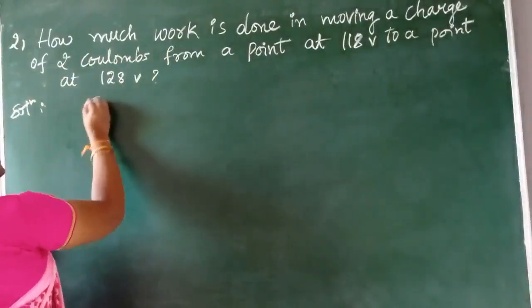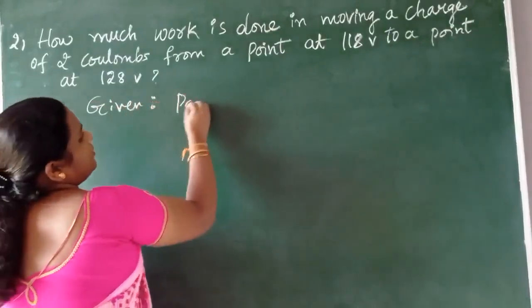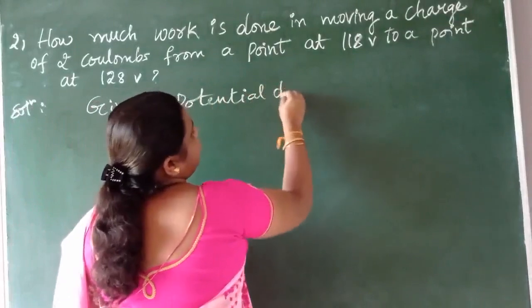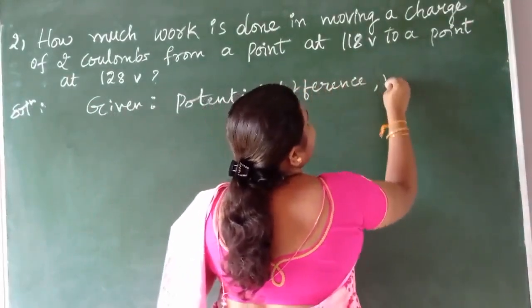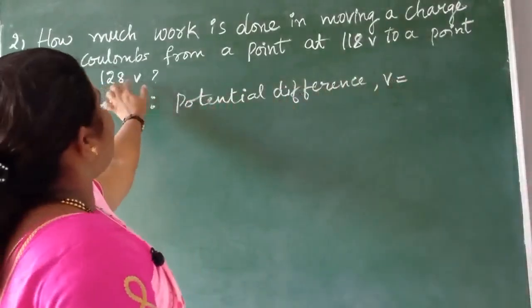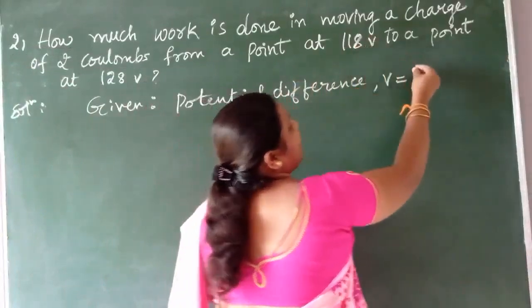Okay, the given things are the potential difference V is equal to, what are the points, children? 128 volts and another point is 118 volts.